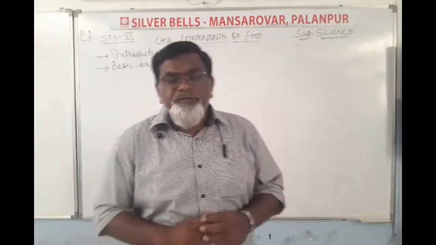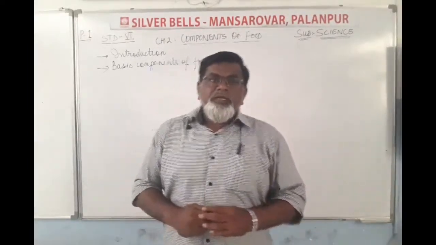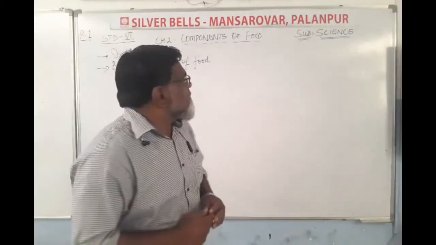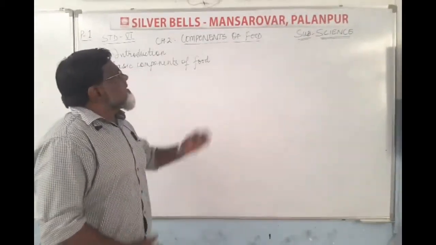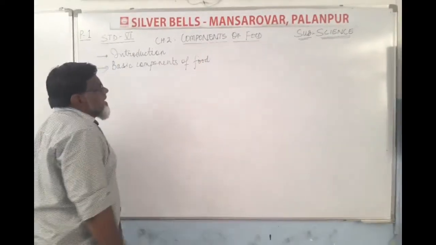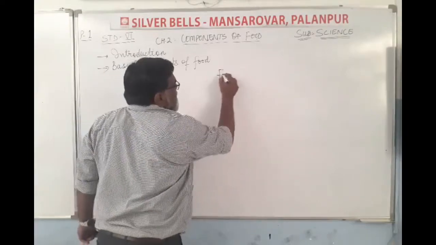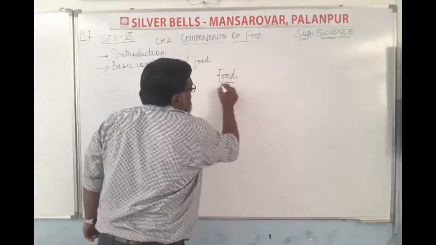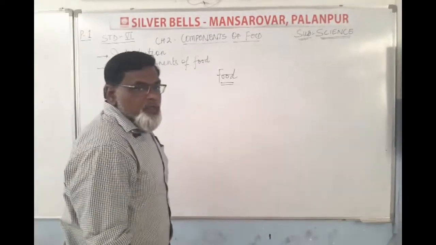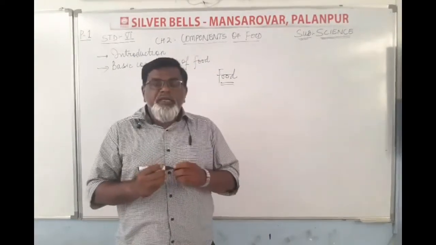We are again here for the science subject of Standard 6th. As we have completed our first chapter, we are continuing with our second chapter, the components of food. As we have learned in the first chapter, what is food? We take in the food, we utilize it, and we get energy.